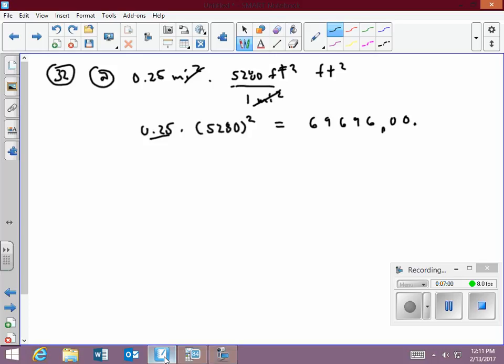Because of this. So that's feet squared. Is that right? Will it just be feet now? Because you squared the mile, it's in miles squared, so you got to have feet squared. It's 0.25 miles squared.